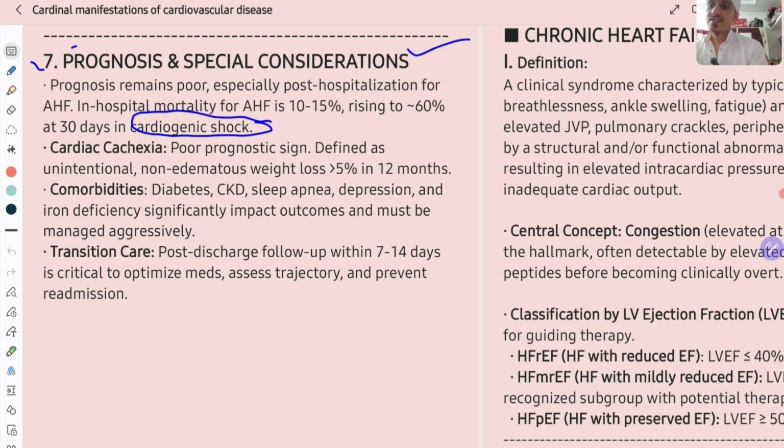The second thing is cardiac cachexia. What is cardiac cachexia? It is also a poor prognostic sign. How do you define that? Unintentional, non-edematous weight loss.